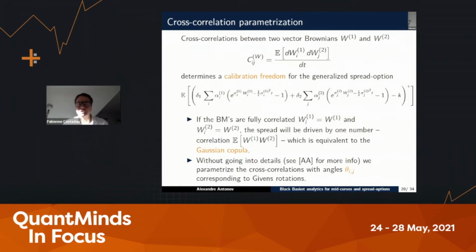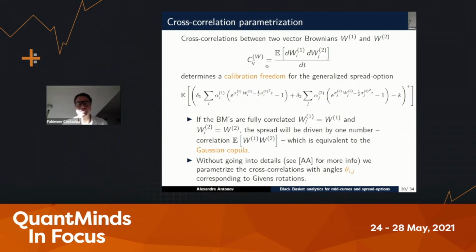Now the cross correlation. How can we modify the joint distribution with the cross correlations? The cross correlation between two vector Brownian motions W1 and W2, corresponding to rate 1 and rate 2, is defined like this.